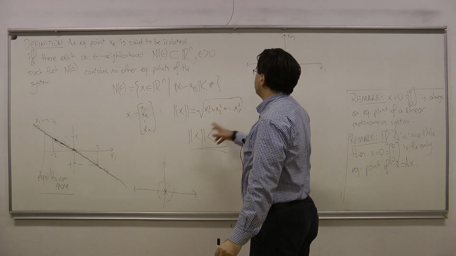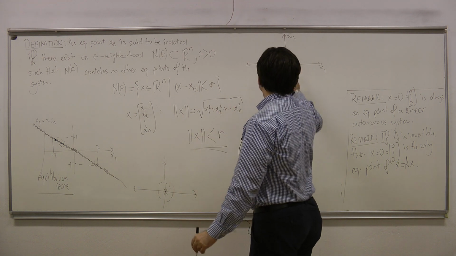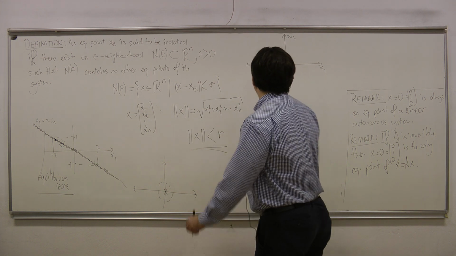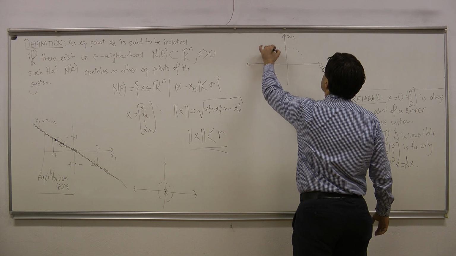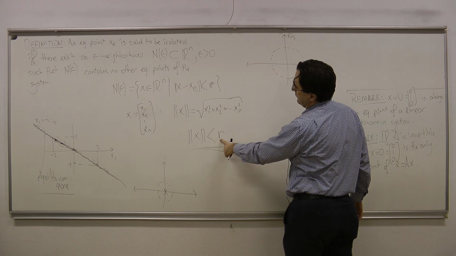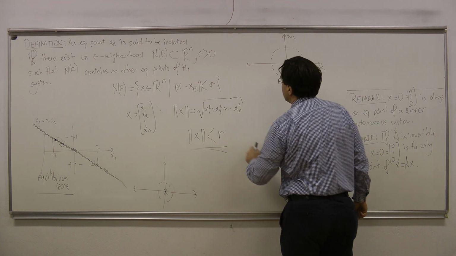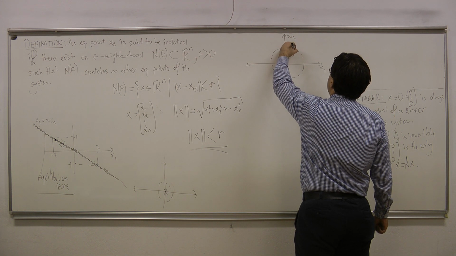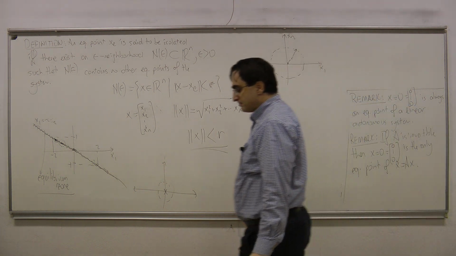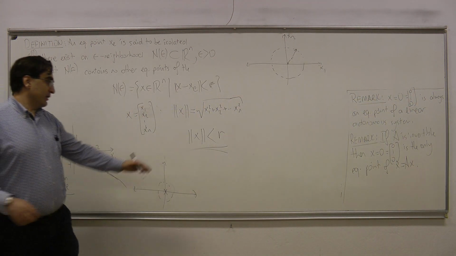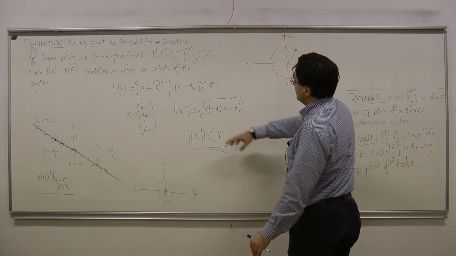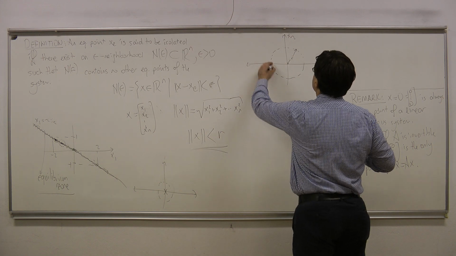Clearly, this is going to be a circle, or a ball around the origin. The boundary will not be included because of the strictly smaller sign, and the radius of that ball would be just r. Okay? If I change r with epsilon, then the radius is just going to be epsilon, and such a region would be inside this circle.